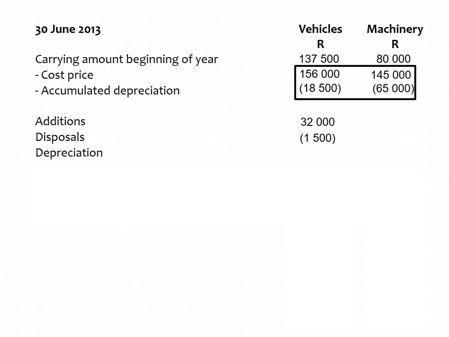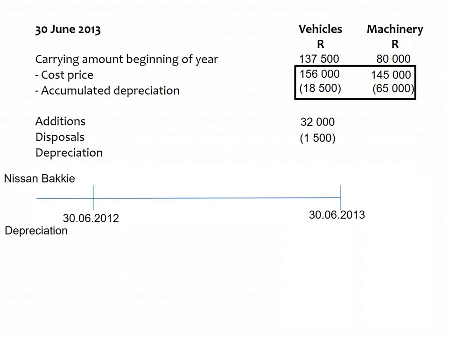Next, we need to calculate our depreciation. Our depreciation is for the current year, and we can calculate that for the body and engine, the cost less the residual value over the estimated useful life for the entire year that we've had this body and engine.